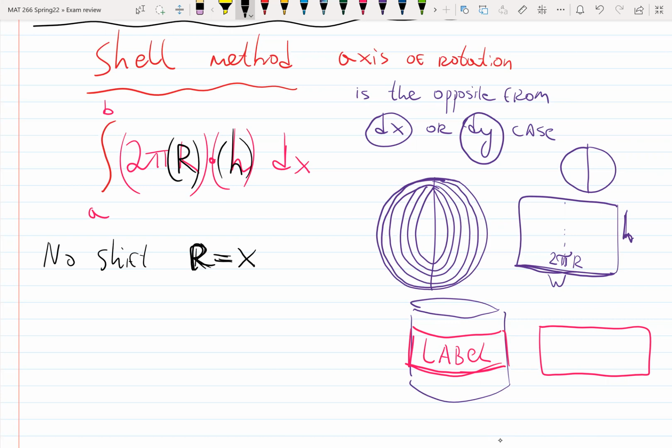It's just exactly located on the X or Y axis, so it's exactly the same function. While H, height, is the area between graphs. That takes us to the previous chapter again.